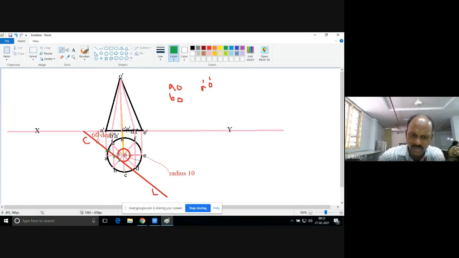These are AO, BO, CO, DO, EO, and so on. We will get up to HO. These are the generators in the top view. Their corresponding generators in the front view will be H dash O dash. So in this way, you need to identify.